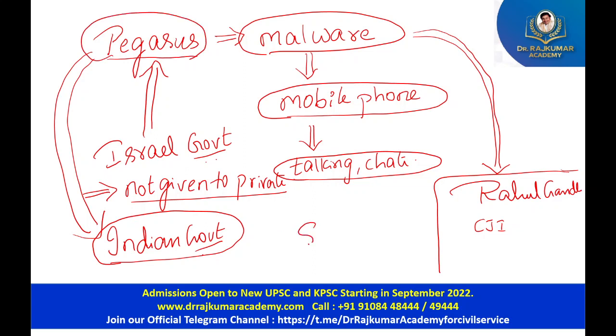Now Supreme Court interfered in the issue, and Supreme Court has told that in the mobile phones that were examined there was no Pegasus software. That means Pegasus was not misused by the government.